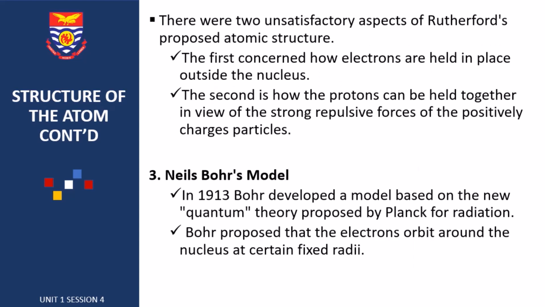Despite the important observations made by Rutherford, which gave a better explanation of the structure of the atom, there were two unsatisfactory aspects of Rutherford's proposed atomic structure. One of them is concerned with how electrons are held in place outside the nucleus. Now, the idea of a small solar system with the electrons orbiting the positively charged nucleus seemed attractive, but this was unacceptable to classical theory.